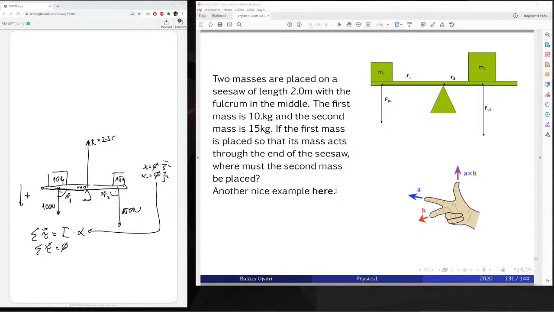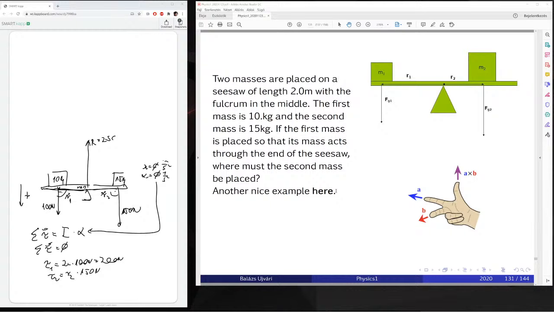So what is the tau 1? Torque 1 is 2 meter times 100 Newton. This is 200 Newton meter. And the torque 2 is R2 times 150 Newton, which is still unknown. What about directions?